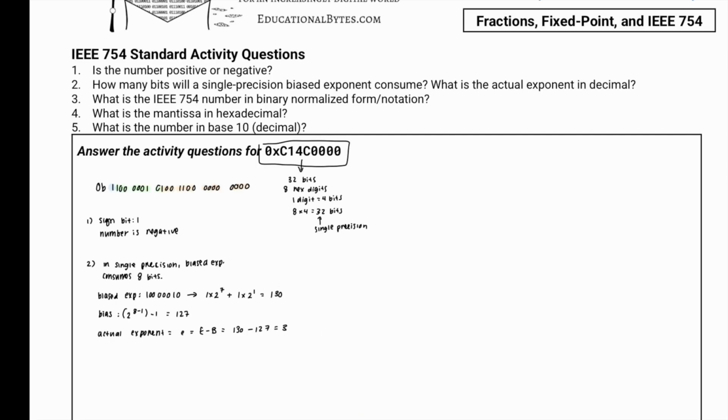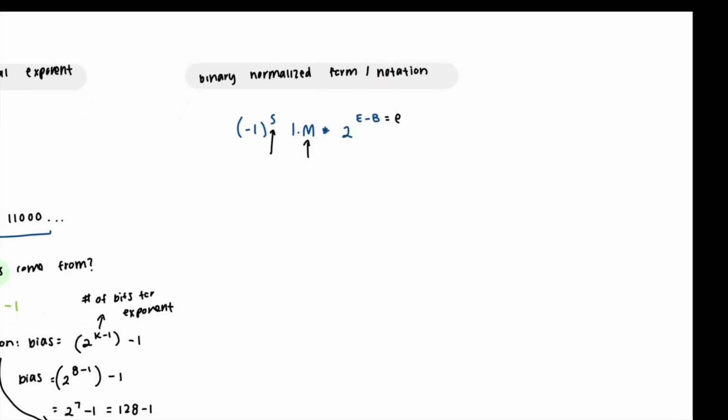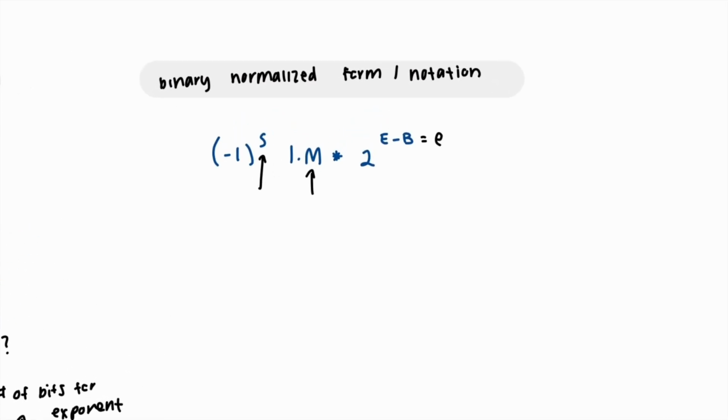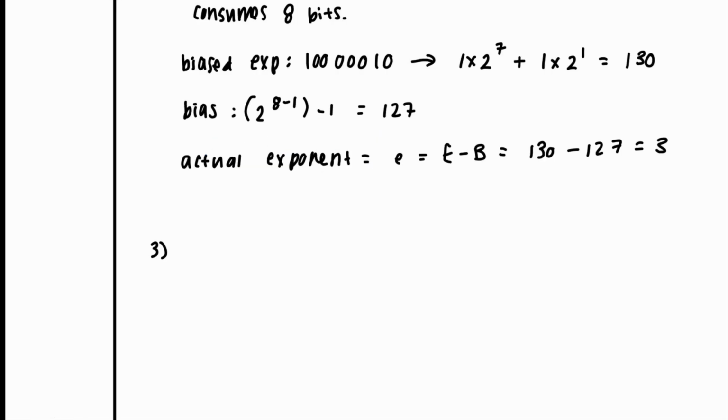The next question asks, what is the IEEE 754 number in binary normalized form? As a reminder, this is our binary normalized form notation. We have negative 1 to the power of our sign bit, 1 point our mantissa, times 2 to our actual exponent. We know our sign bit is 1, so negative 1 to the 1 will be the first part.